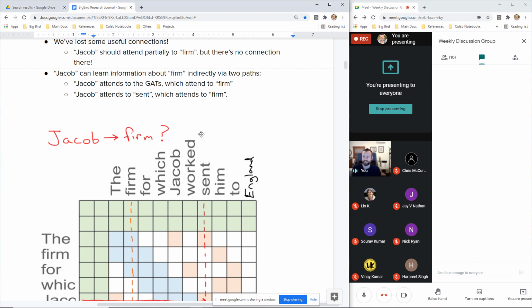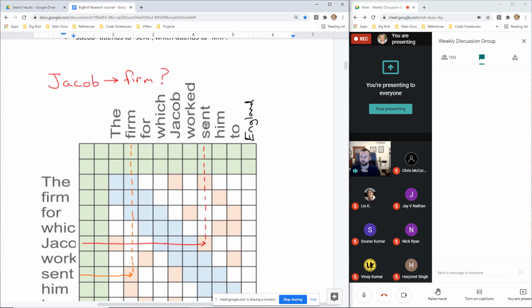So there's a hop there. And the global tokens also provide that, right? Jacob attends to the global tokens, and the global tokens attend to firm. So that's another way for Jacob to learn about firm.